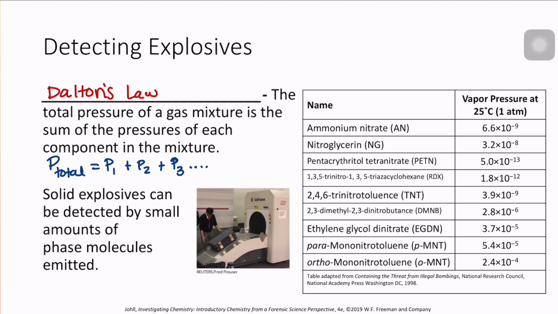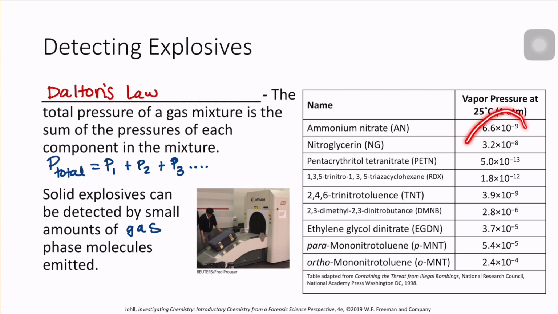Each of the P1, P2, P3, for however many gases you have, is the partial pressure of that gas within the mixture. This is very useful in detecting solid explosives because they can be detected by small amounts of gas phase molecules that are emitted by the explosive.